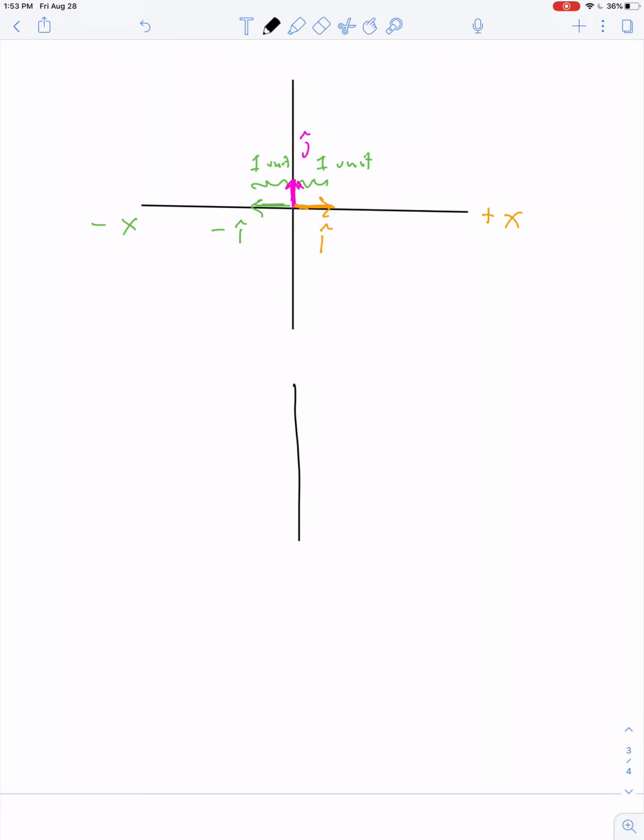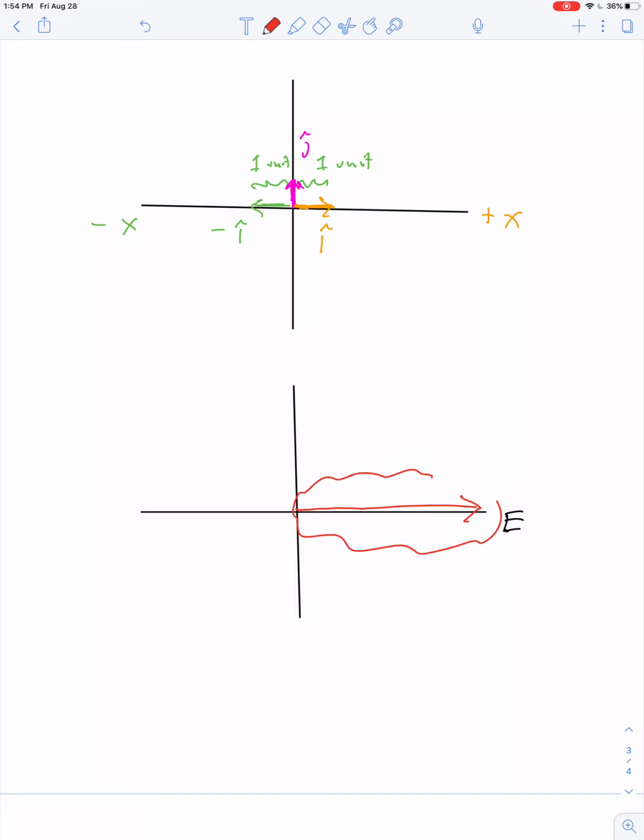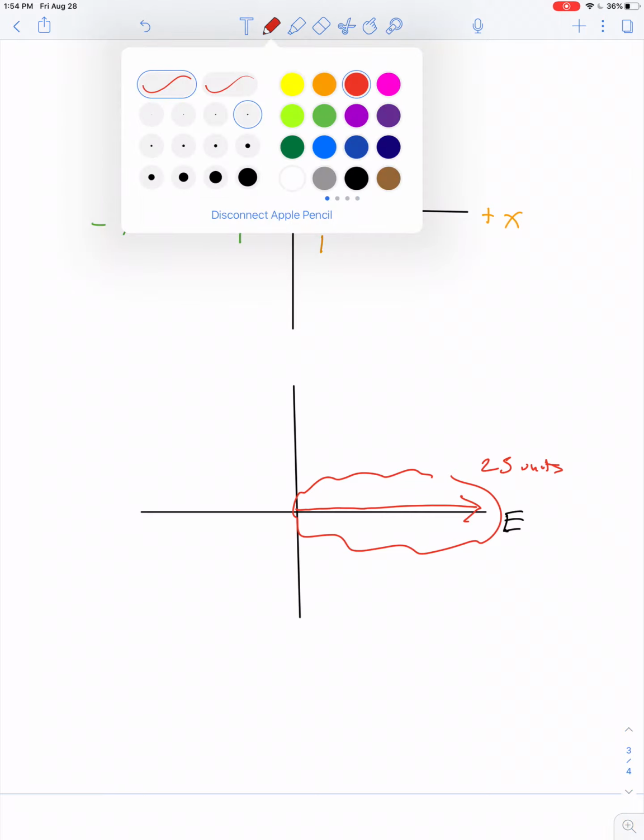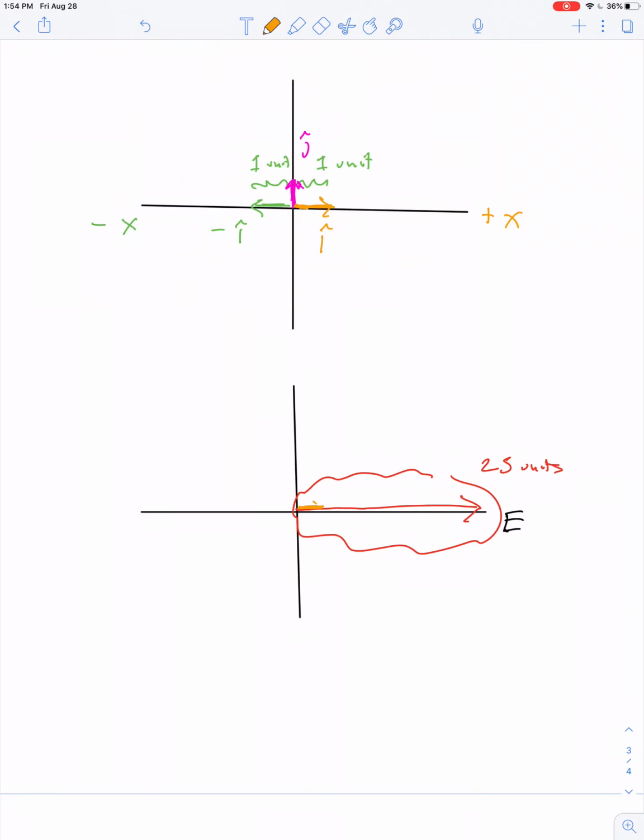So what if I have a vector, maybe it's, well, let's say on a different day I drive 25 meters per second, but I drive that 25 meters per second, instead of at an angle of 30 degrees north of west, what if I drive due east at 25 meters per second? Well, I could reproduce this vector that's 25 units long just by stringing together 25 of these vectors known as i hat, end to end.